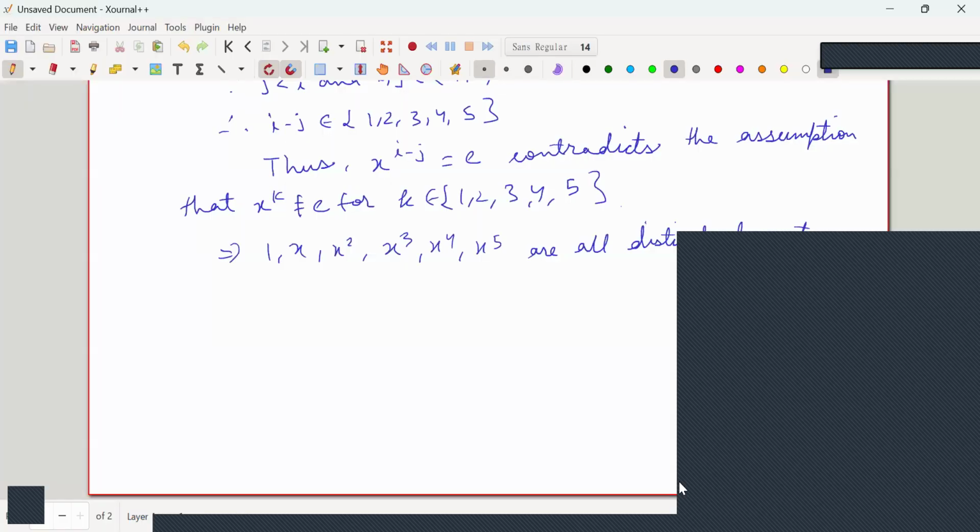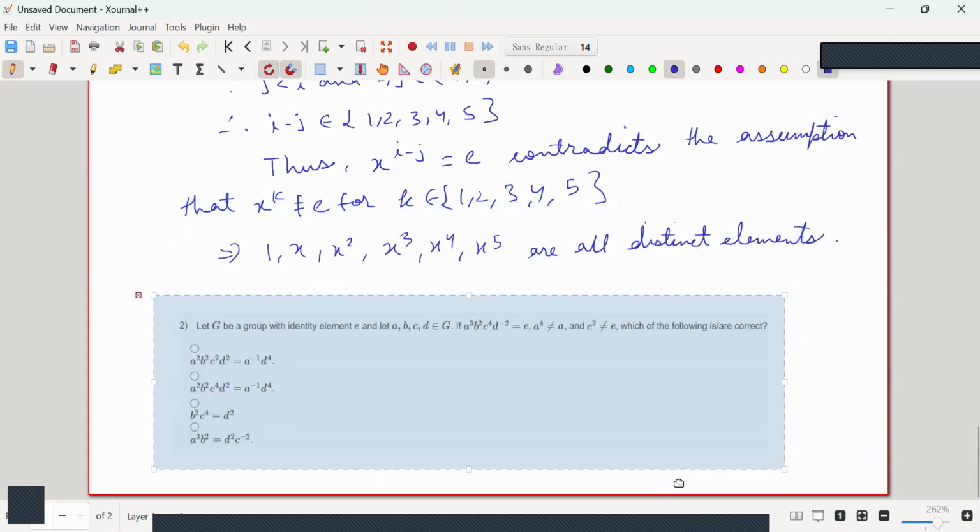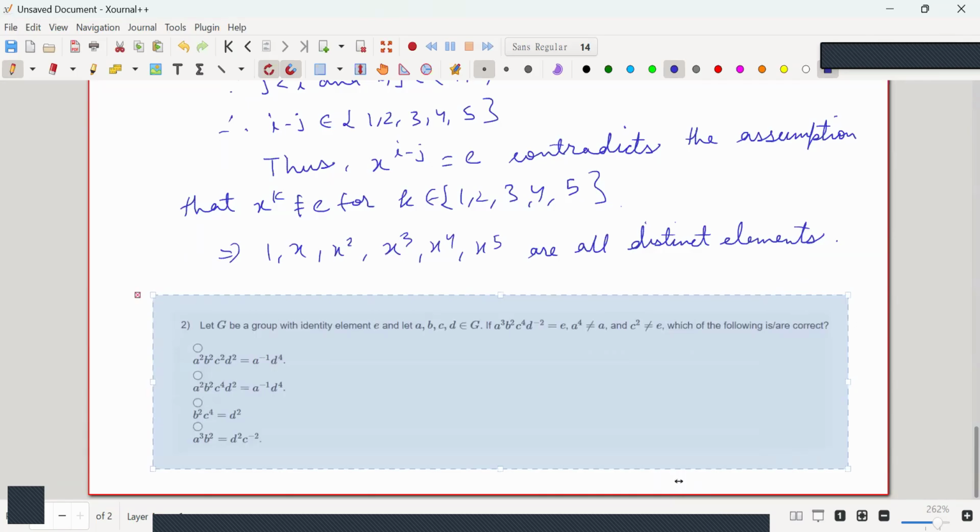Just paste question, problem 2. Here is problem 2 from the practice assignment.